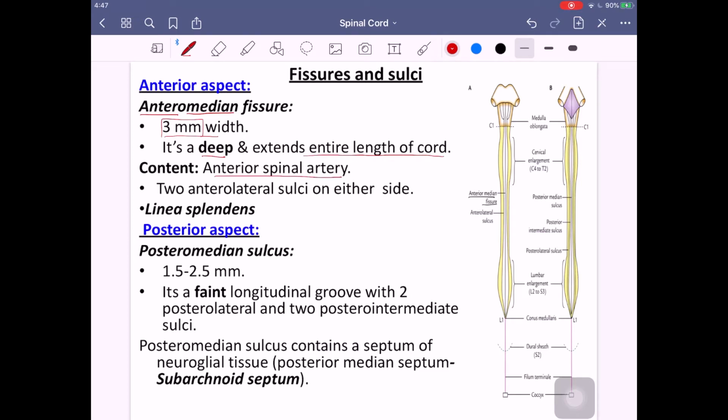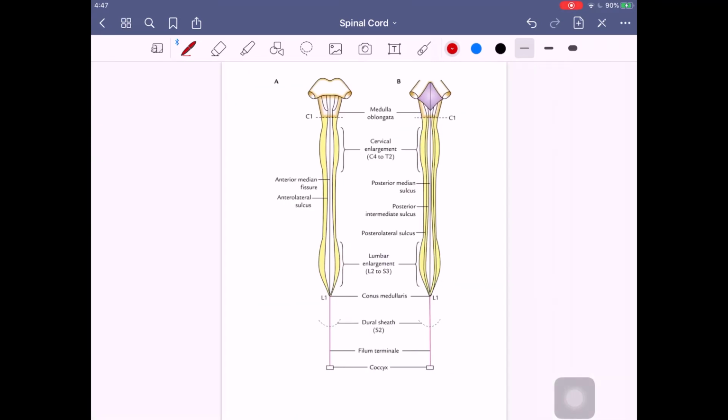The content of this is your anterior spinal artery, and there are two anterolateral sulci on either side of the anteromedian fissure. You can see here in the midline, that's your anteromedian fissure, and this is the anterolateral on one side and the anterolateral on the other side.